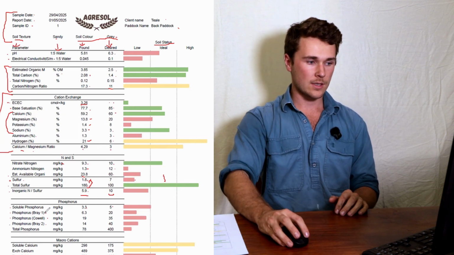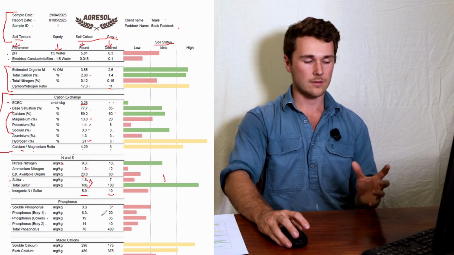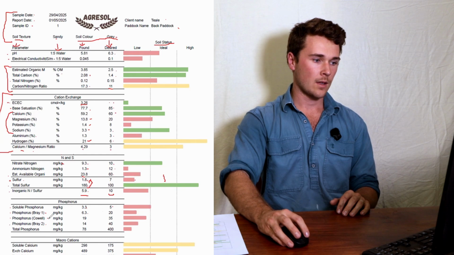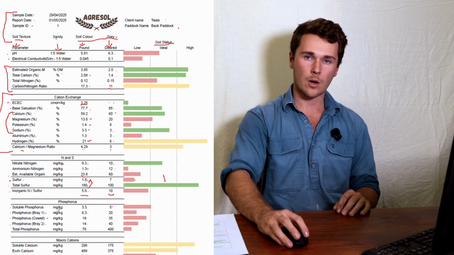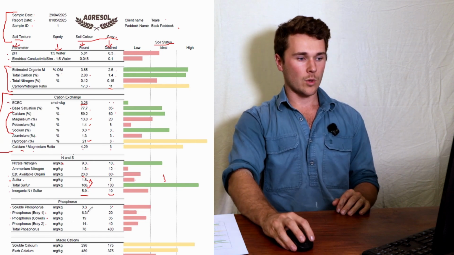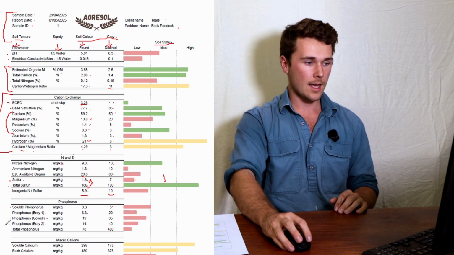So Bray 1 should be the easiest, and you can see here it's 6.3, so it's more or less very light stuff. Cowell is sitting at a 9, and interestingly, the Bray 2 is sitting under the Cowell. Not sure why. But overall, everything's deficient. Everything's below the critical value, including our total phosphorus.